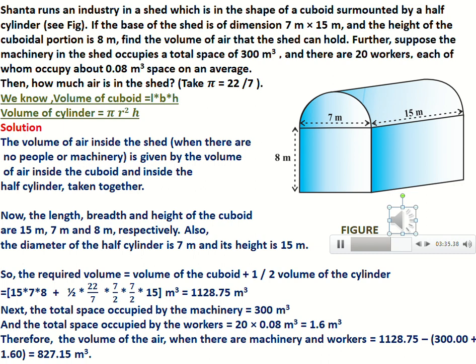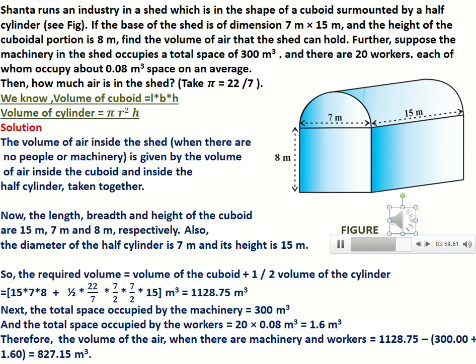Now the total space occupied by the machinery is given, that is 300 m cube. Now each individual occupies 0.08 m cube, that is given. So there are 20 workers. So 20 into 0.08 will be equal to 1.6 m cube, that is the total space occupied by the workers.